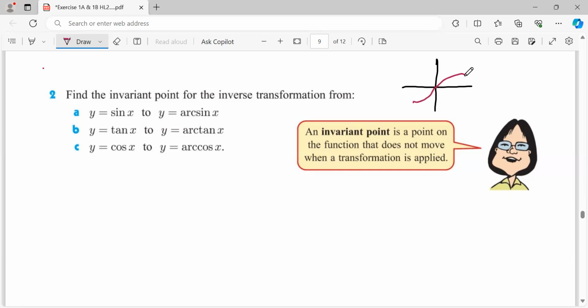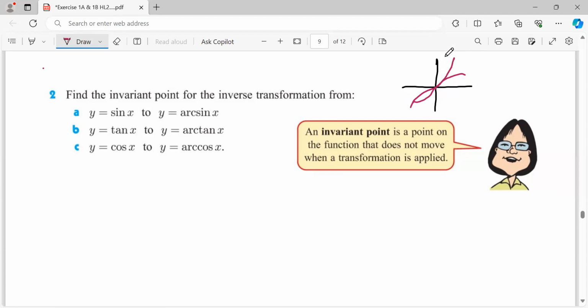Okay, and if you sketch the graph of arcsine, the graph will be like this, through the origin 0, 0.